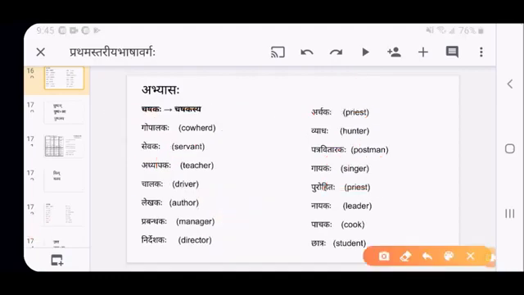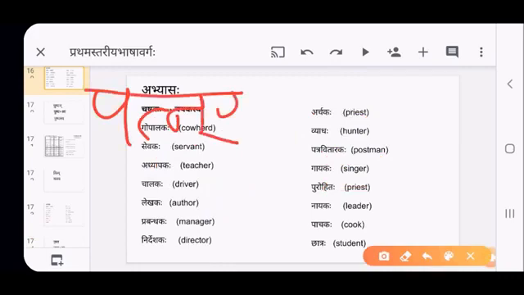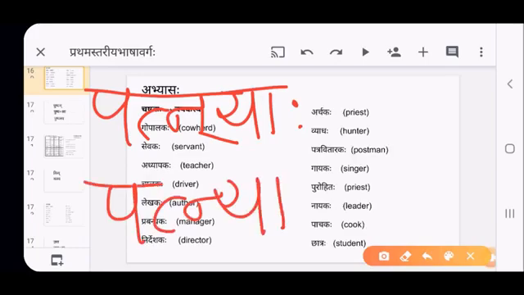Note that whether I write it like this or like this, it is just a difference in writing. The pronunciation of both is the same. Patnyaha, Patnyaha, both are the same. However you write it, it doesn't matter. They are just different ways of writing it.